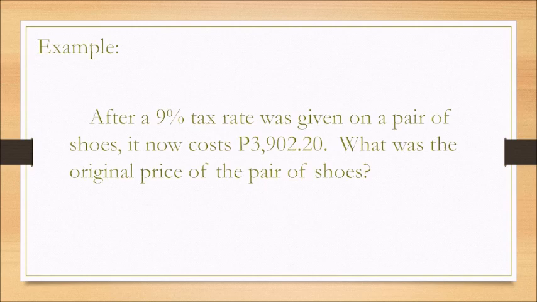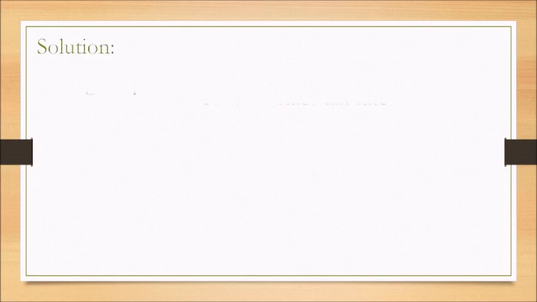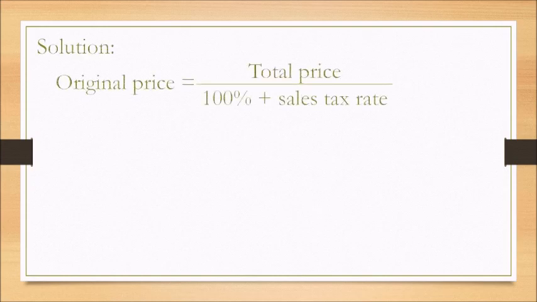Another example. After a 9% tax rate was given on a pair of shoes, it now costs 3,902 and 20 cents. What was the original price of the pair of shoes? Solution. Original price is equal to the total price divided by 100% plus the sales tax rate.